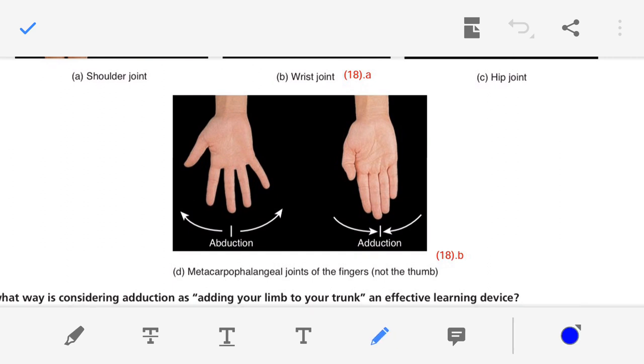Here you see all the fingers are together, that position is adduction. When all the fingers of our hand are spread, that is abduction. This type of movement is possible due to the metacarpophalangeal joint of the fingers, not the thumb.